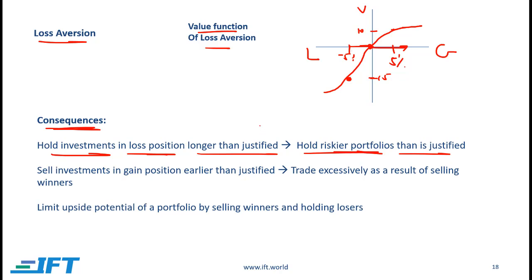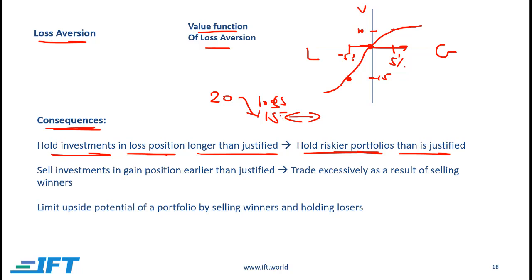So let me just illustrate what this means. Say a person bought a stock for 20 and now the stock has come down to 15. There is a chance that a person will hold on to the stock even though, let's say 15 is a good price to sell the stock, but there has been a loss, and if the stock is sold, then the loss will be realized.